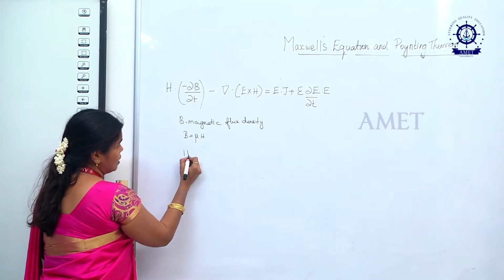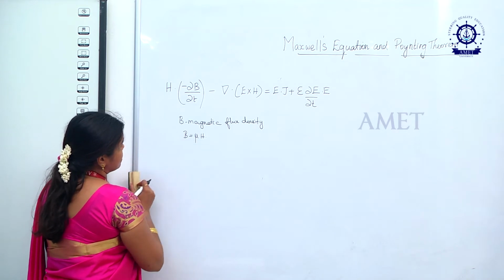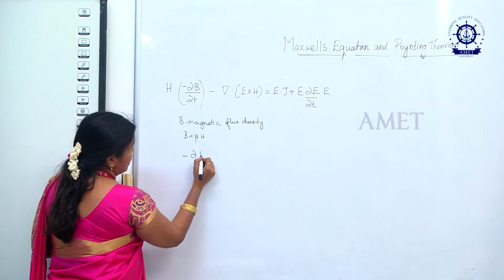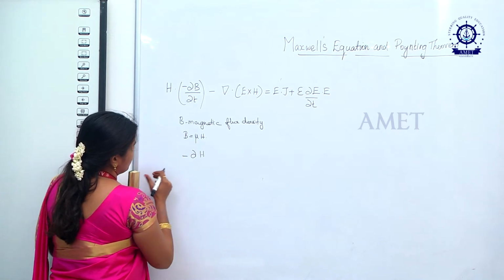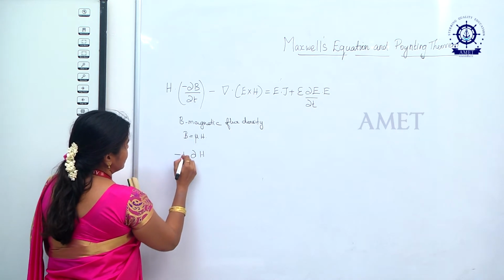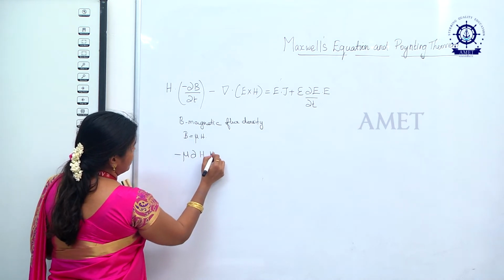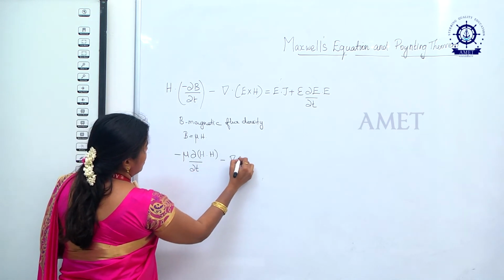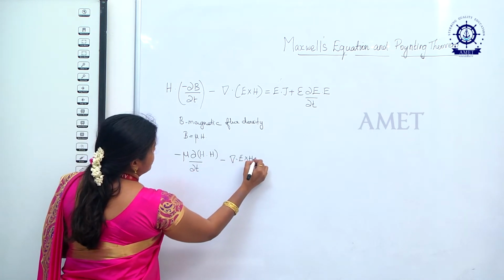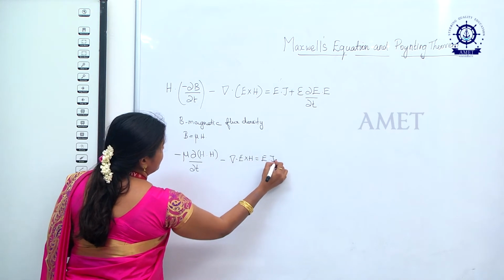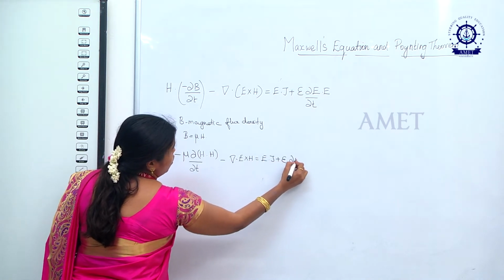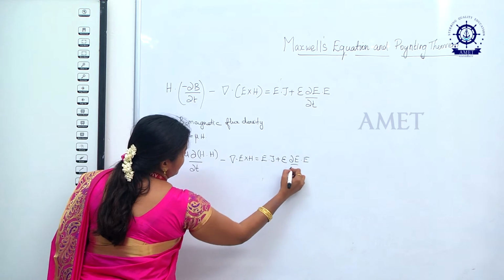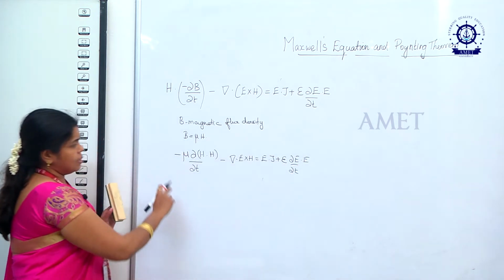So we can write minus mu H dot dou H divided by dou T minus del dot E cross H, which is equal to E dot J plus epsilon into E dot dou E divided by dou T. So this is the equation.